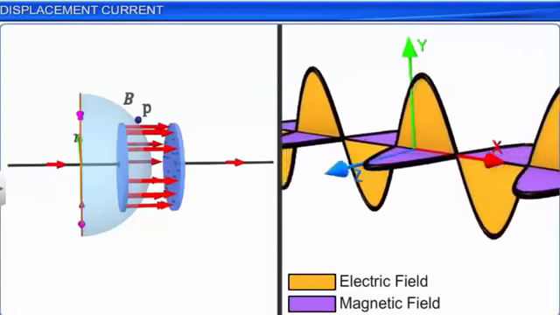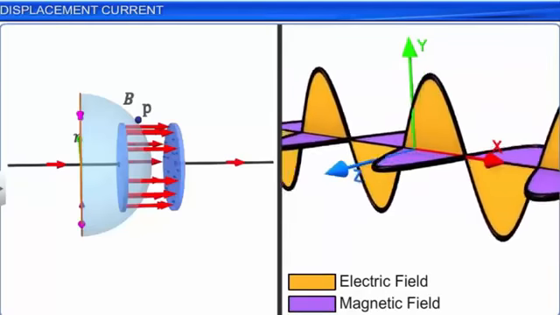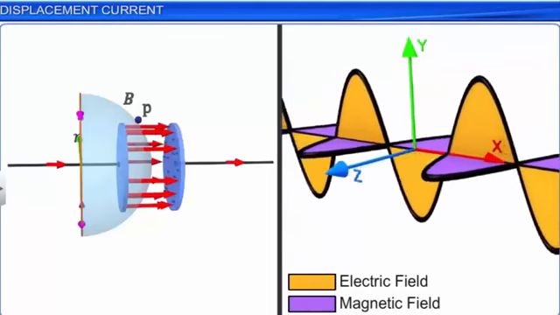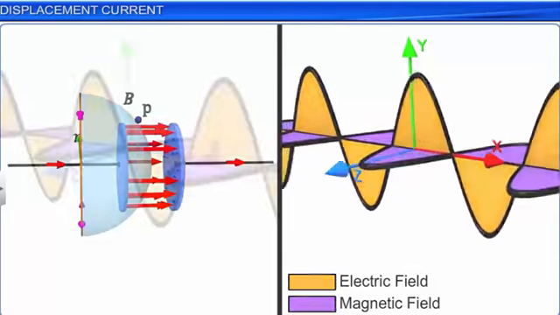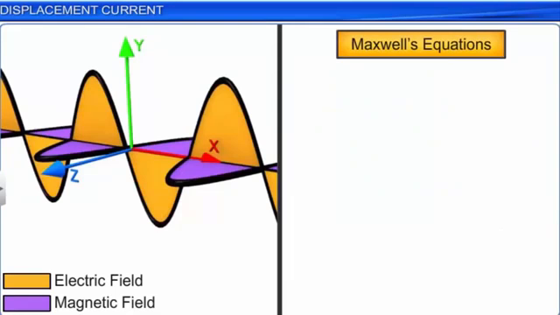Now, let us have a look at the set of equations originating from different sources that helped the study of electromagnetic waves. These equations are popularly known as Maxwell's equations. They are: the integral over the closed surface of E dot dA is equal to Q by epsilon naught.